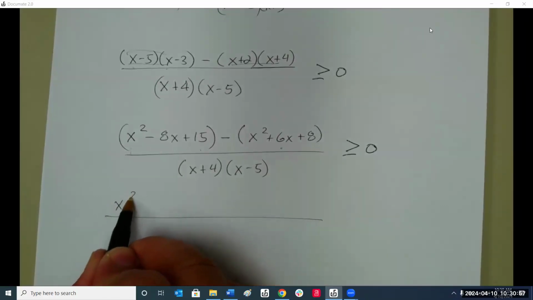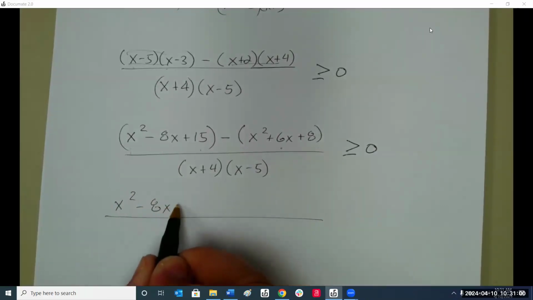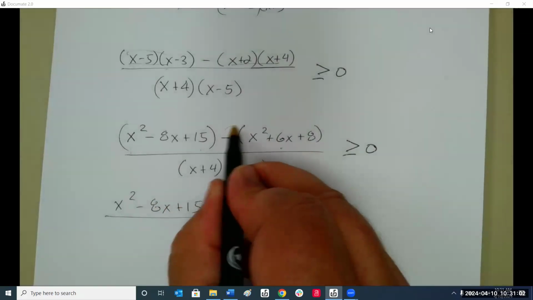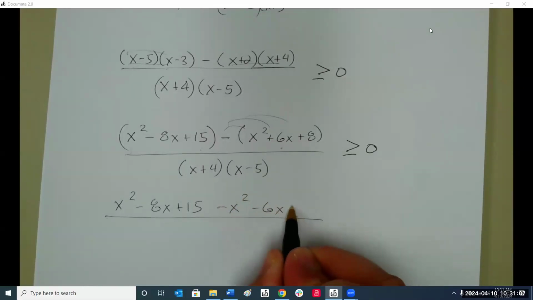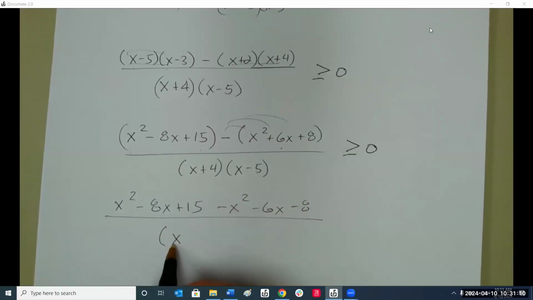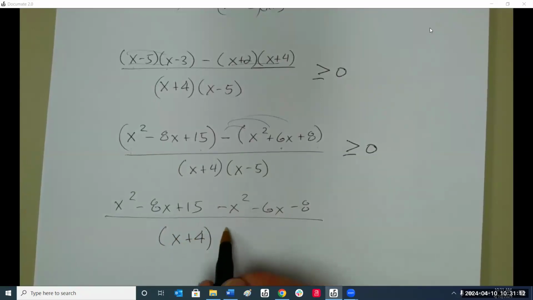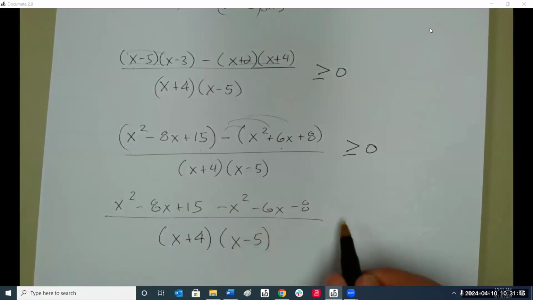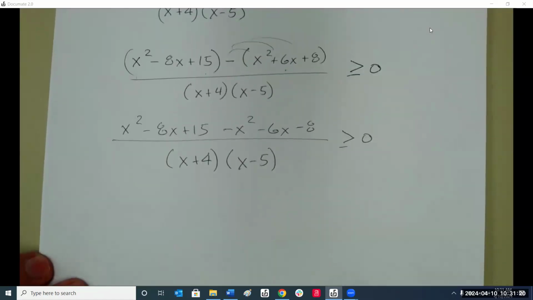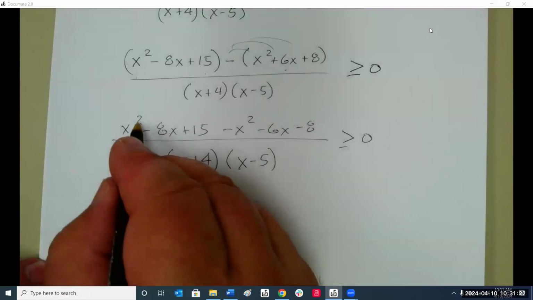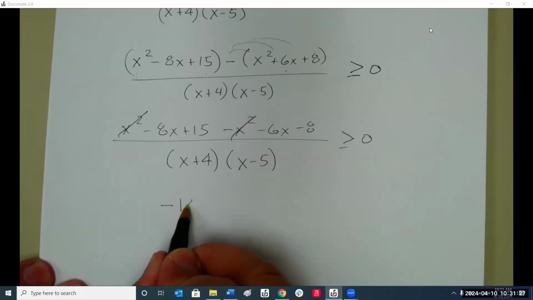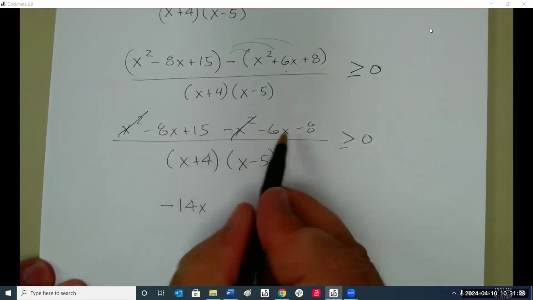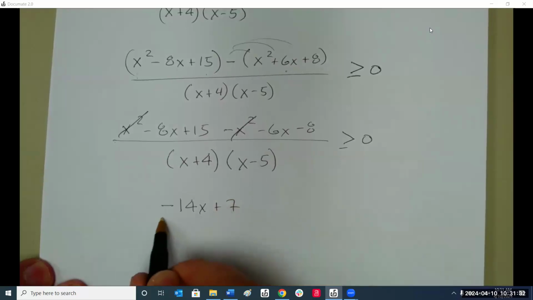I gotta distribute that negative sign to the second one. Simplify. The x squares cancel. We have 14x, and 15 minus 8 is 7.